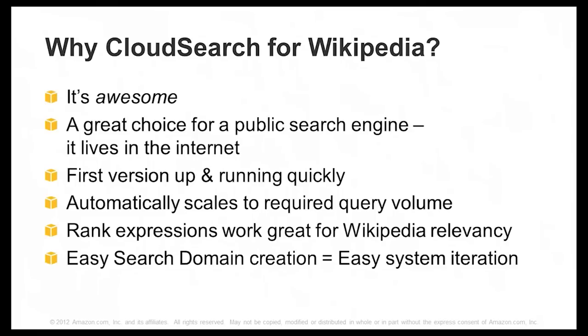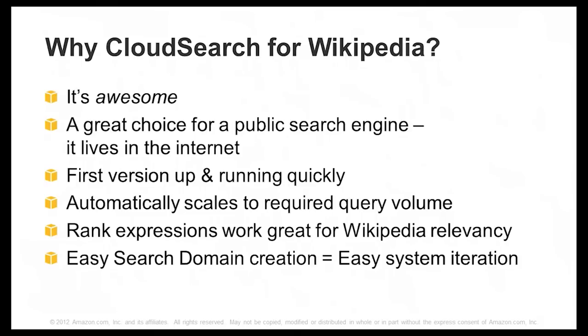It automatically scales to the required query volume. I think this is critically important for something like what we wanted to do, because we had no idea how many people were going to be doing searches on Wikipedia. It could have been this viral sensation that went across the web, and then we could have seen this huge spike in our query requests. So to not have to worry about that is such a relief.